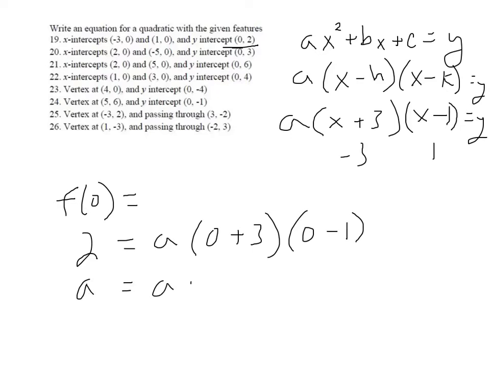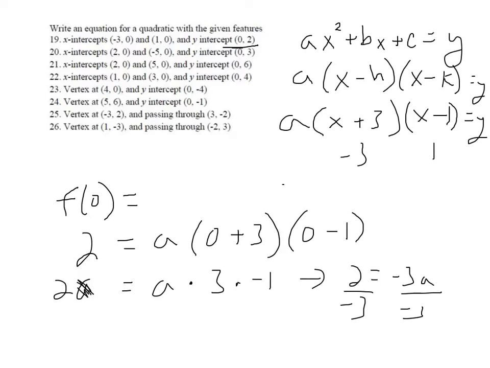So that's going to be a times 3 times -1. I'm sorry, that should be 2, shouldn't it? It won't let me erase that. So basically that gives me 2 equals -3a. If I divide both sides by -3, that will tell me the stretch factor.